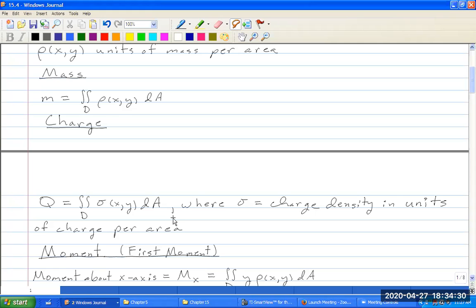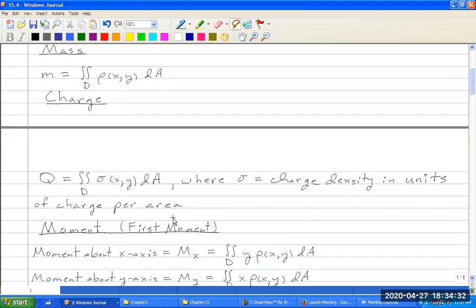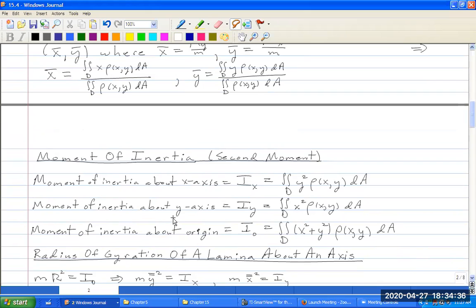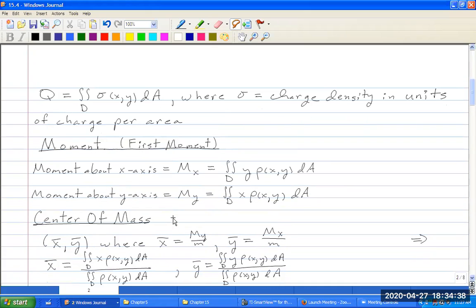Moments. Let me give you definitions of moments. I am going to give you first and second moments. First, the first moment. The moment about the x-axis is denoted by m sub x.